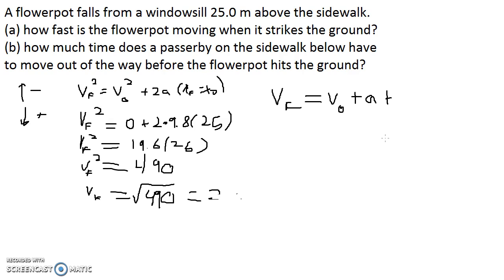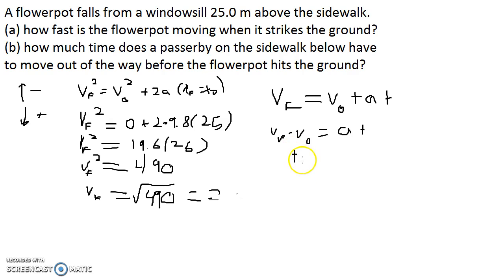So if we were to just rearrange this, we could take the velocities on the same side. The final velocity minus the initial velocity equals the acceleration multiplied by time. And then if we wanted to get time alone, we could just divide both sides by the acceleration.